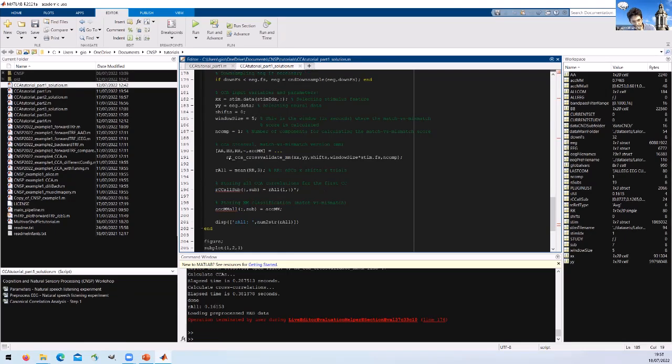So the CCA cross-validate function basically just needs the stimulus and the EEG. Your output is going to be a transformation matrix for your stimulus, a transformation matrix for your EEG, which you don't need to use in this particular script, but it's good to have. And a correlation between your stimulus and the EEG.